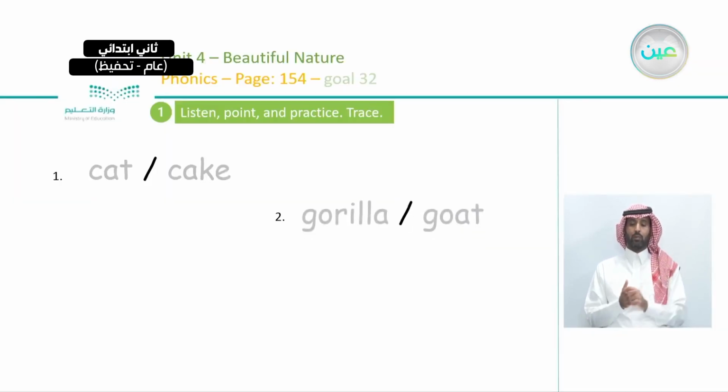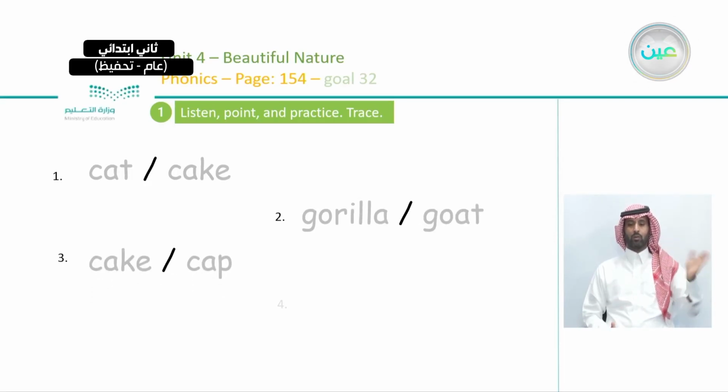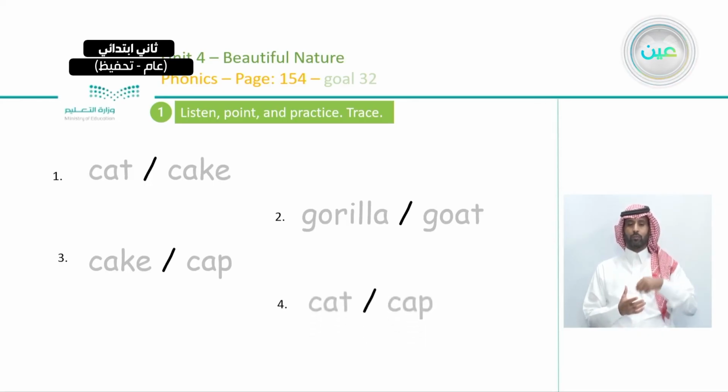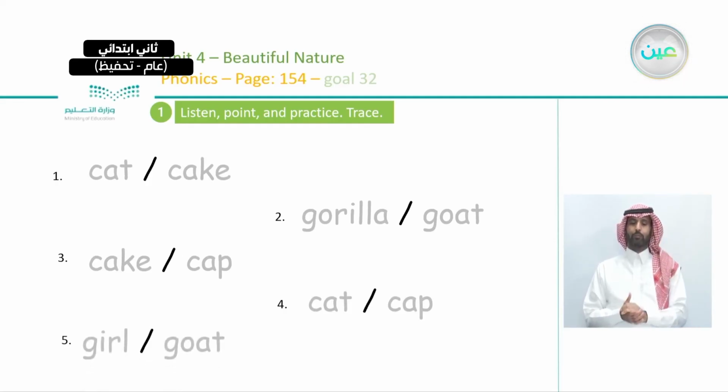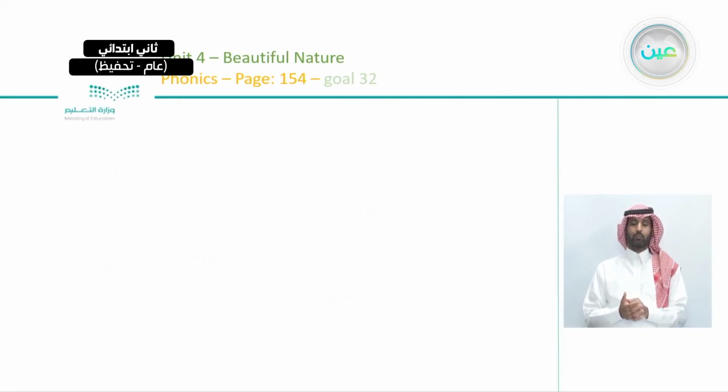We have gorilla, goat, gorilla, goat. Number 3, we have cake, cap, cake, cap. Number 4, we have cat, cap, cat, cap. Number 5, we have girl, goat, girl, goat. Excellent.